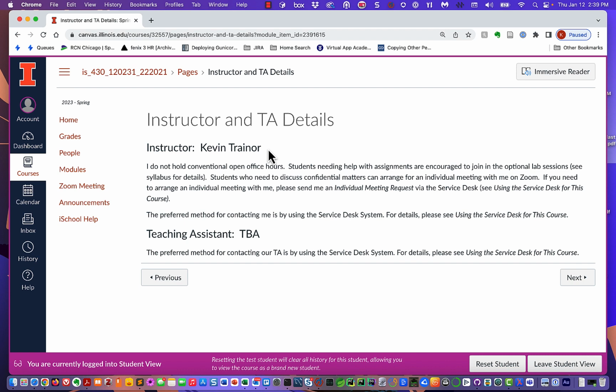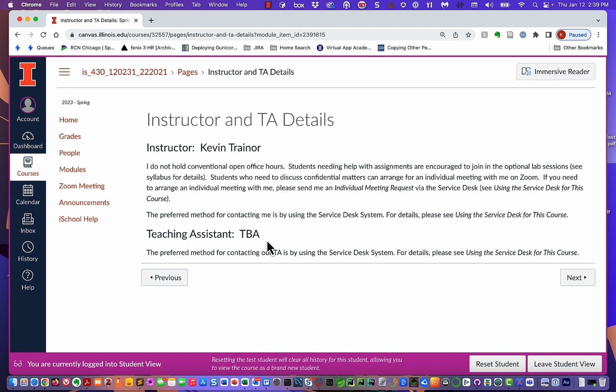And I work from my home in the Chicago area a lot. So if you want to have an individual meeting with me, go to our service desk and put a request in for that, and we'll set that up. It might be in person in my office, but more than likely it's going to be on Zoom. And those work pretty well.